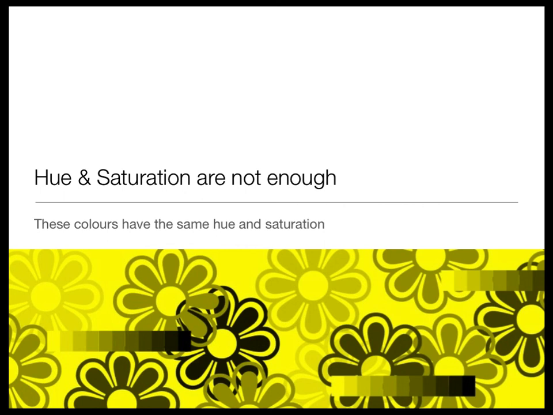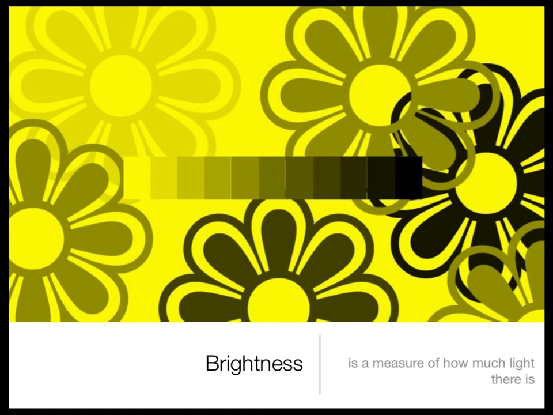But what's different is the brightness. It's how much light there is in it, how light or dark it is. Imagine you have a light bulb that is a particular color, particular hue, particular saturation. It's a very strong, pure color. And if you had it on a dimmer switch, you could turn it up and down.